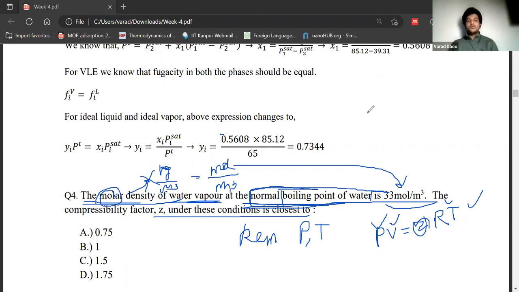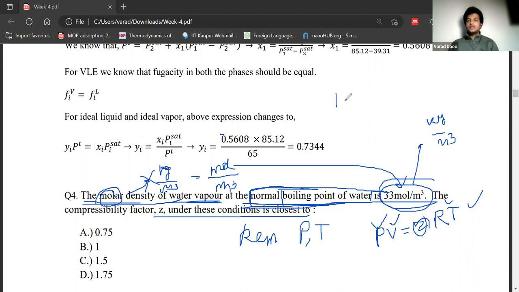Or even if you don't know, you can just convert this 33 mole per meter cube into kg per meter cube, and this is the density.